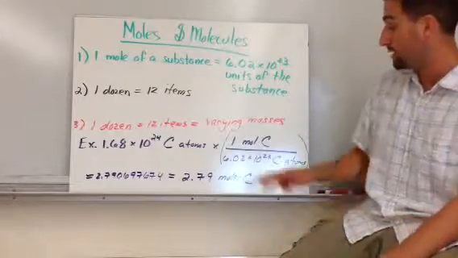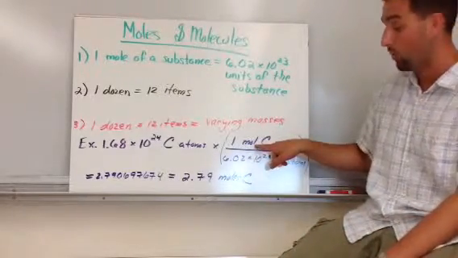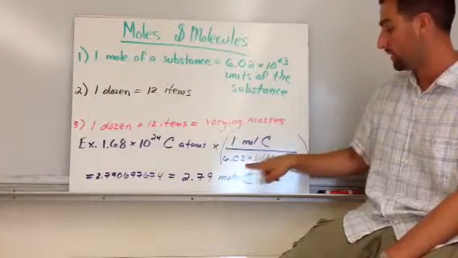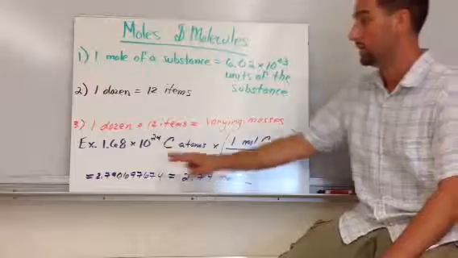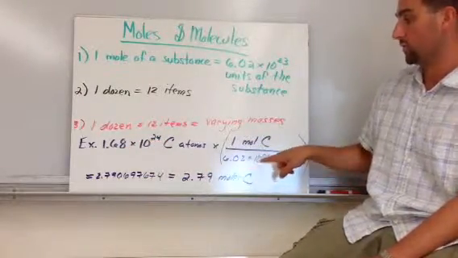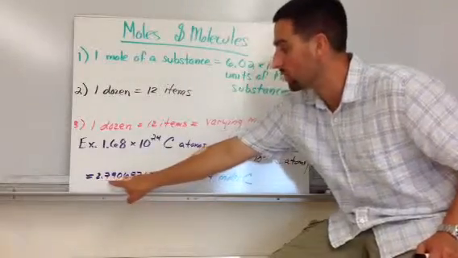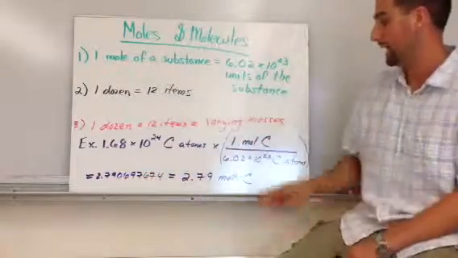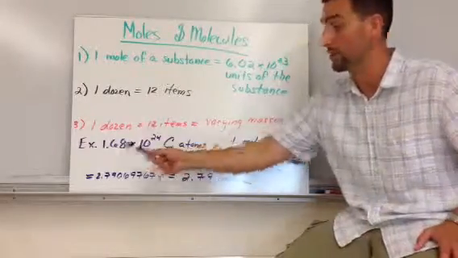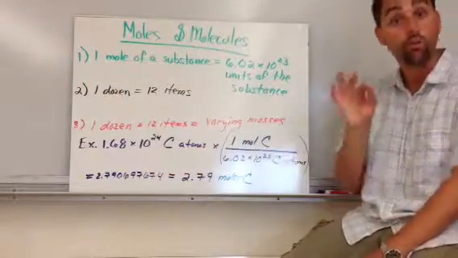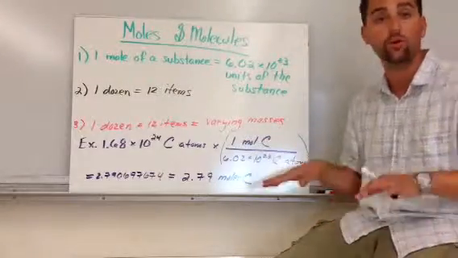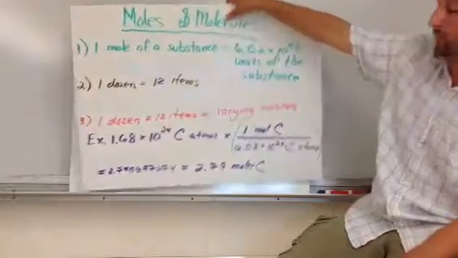And what I compare is what they want me to convert to, moles to atoms. 1 mole of carbon has Avogadro's number of carbon atoms. So 1.68 times 10 to the 24th divided by 6.02 times 10 to the 23rd, once again gets me this long, ridiculous number, and I chop it to 3 sig figs because this number in the problem has 3 sig figs. Once again, as a quick reminder, folks, exact conversion factors don't determine our number of sig figs.